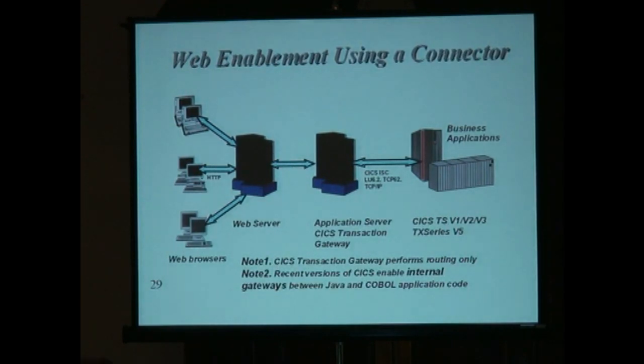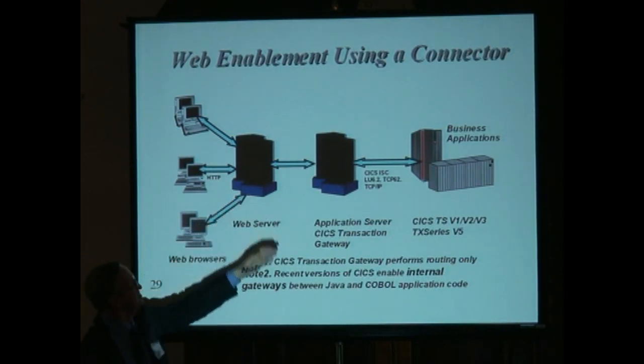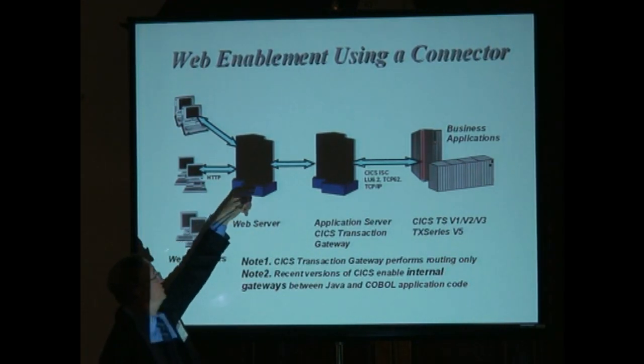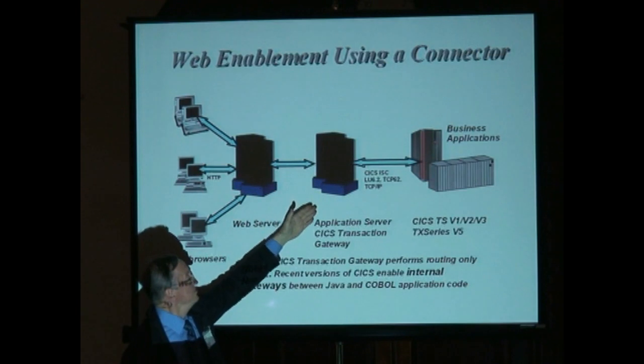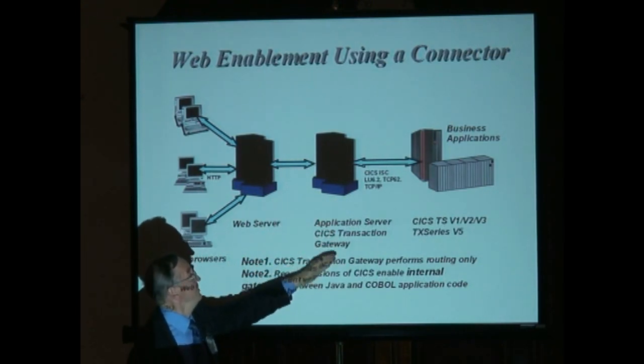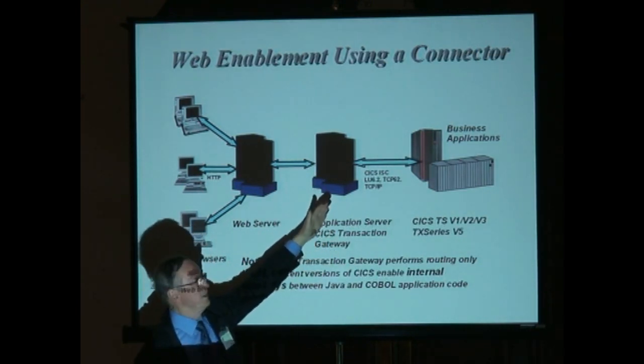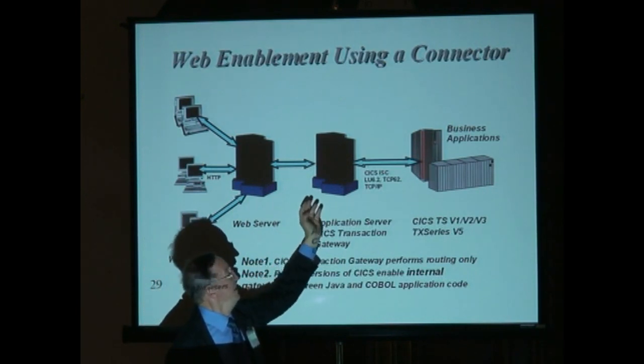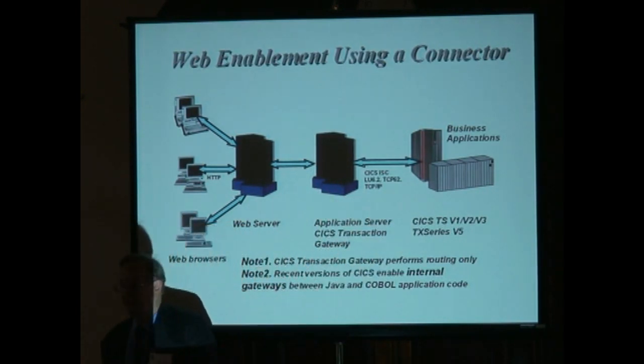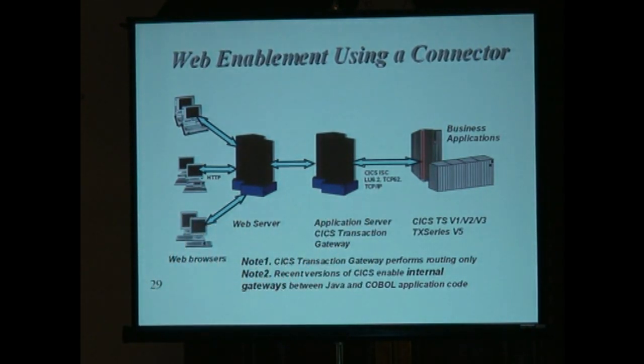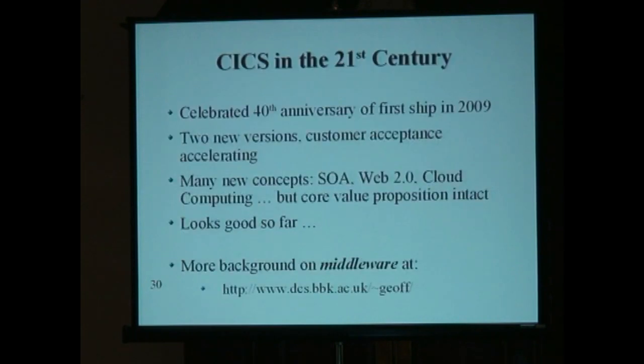So that meant you could have this kind of architecture where web browsers would talk to a conventional web server, which using a connector here would then talk to a CICS server, perhaps on Unix or OS2 or something else, and eventually to a mainframe. And there were lots of systems around that had that kind of architecture. They're all gradually getting consolidated now.